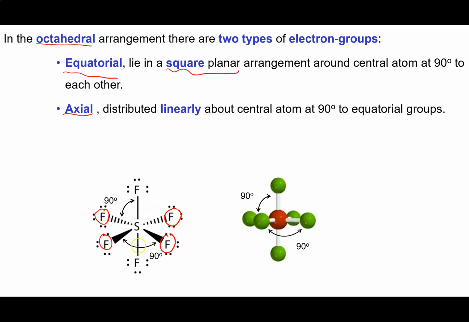Above and below that square planar arrangement, we have the axial electron groups, and they have 90 degrees between the equatorial set and 180 degrees between each other. So all of the bond angles in the octahedral arrangement are 90 degrees.